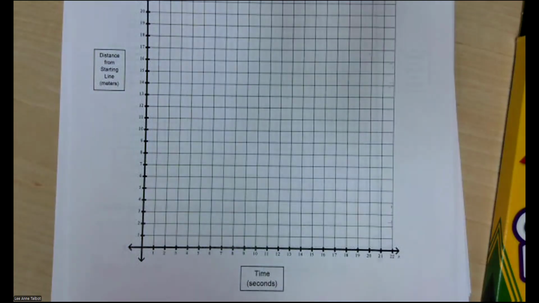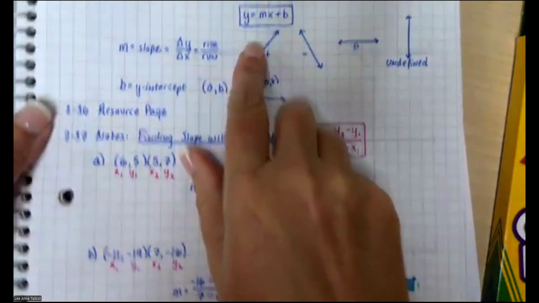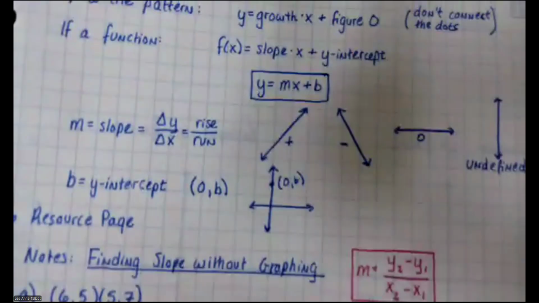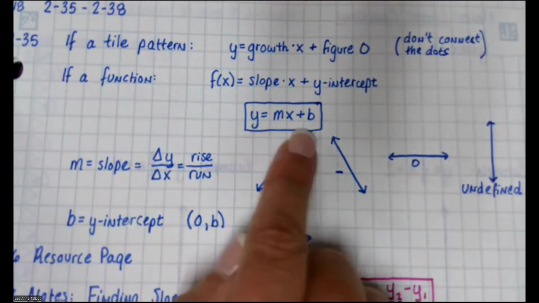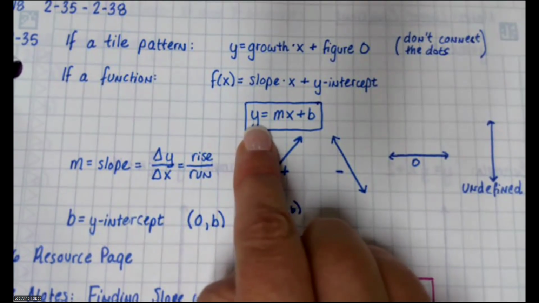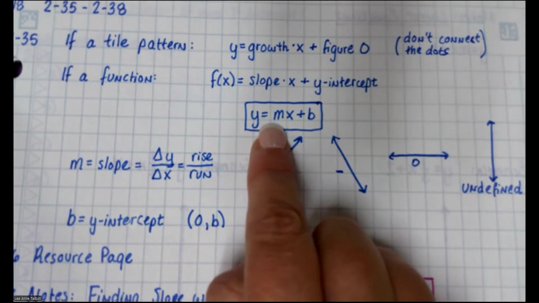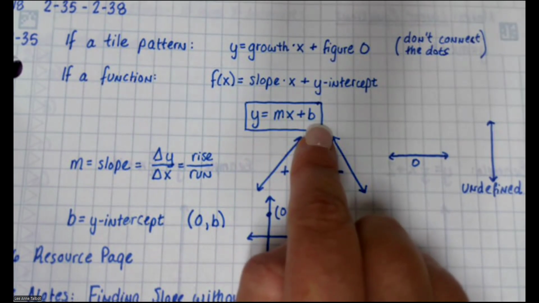Okay, so I want to remind you before we start about what we did on number 35. You don't need to get your notebook out. Just look up here real quick. So we're going to be graphing lines today and the equations and stating the equations. And the equation is y equals mx plus b, where m is the slope and b is the y-intercept.